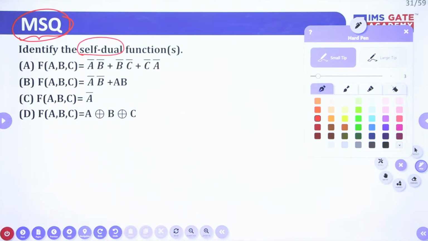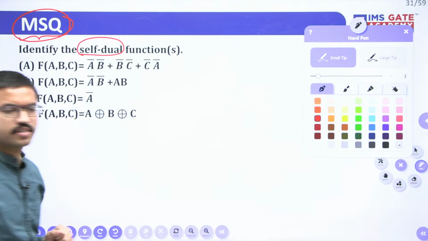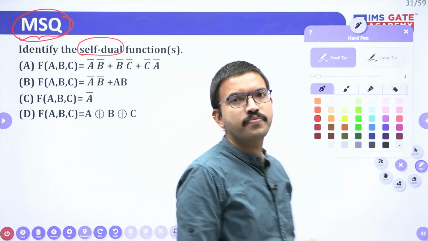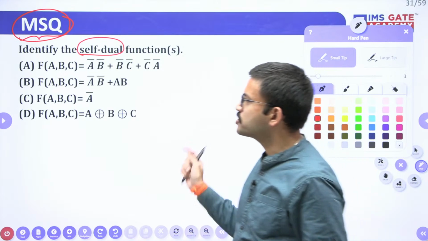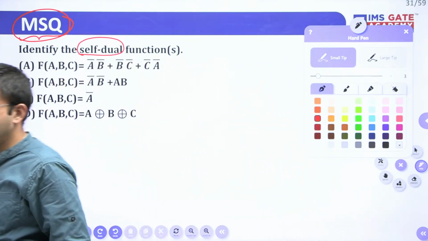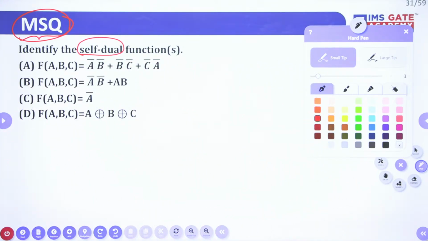You might have checked at least a few options, right? Either 2 options or 3 options. So far, whatever options you have tried, among which option satisfied self-dual?